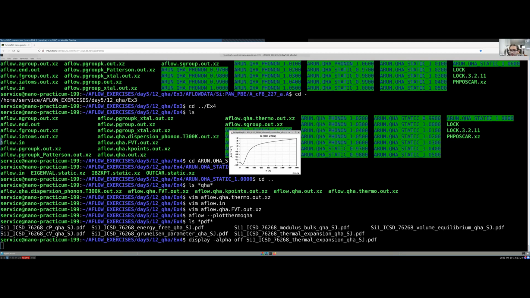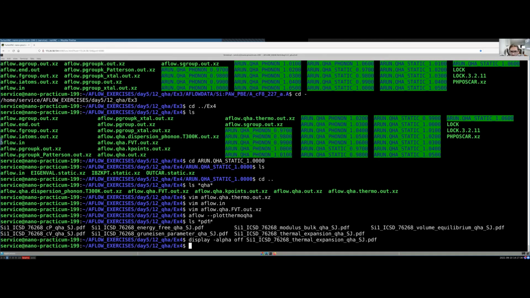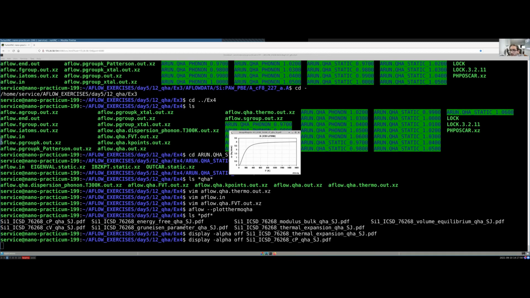And here you have a plot of thermal expansion, and you see for yourselves that you have a negative thermal expansion for low temperatures. You also have other plots, which you can examine by yourself, like free energy and heat capacity. For example, let's also plot the heat capacity, CP. And as you can see, you have a plot for isobaric heat capacity.